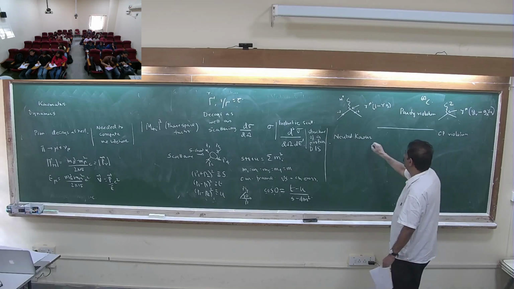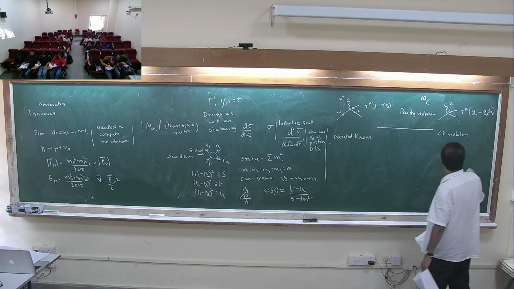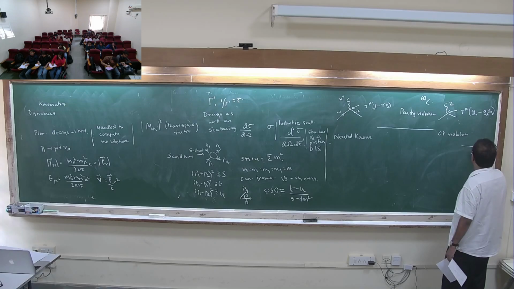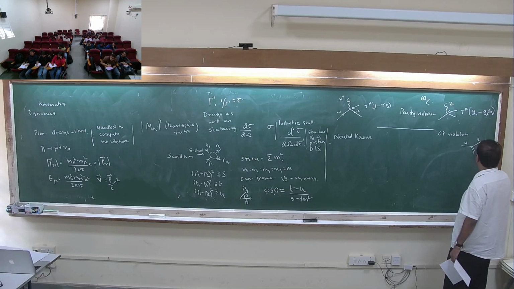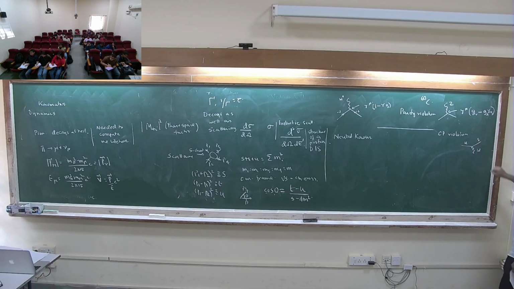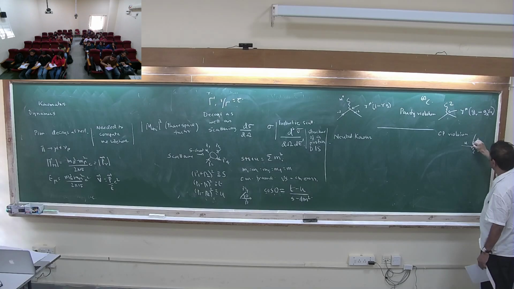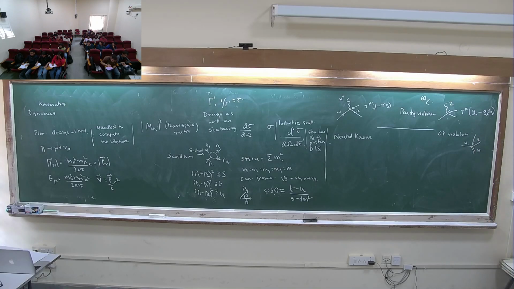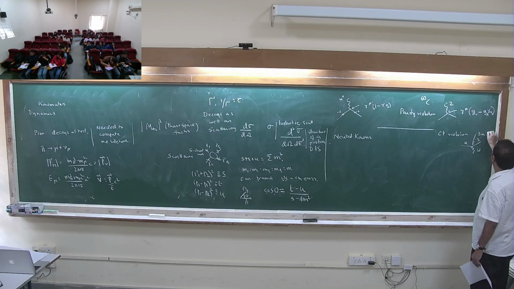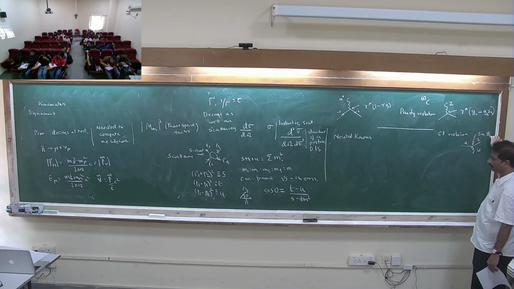That's because if you have standard model vertices, what is a standard model vertex? A U can turn into an S with the emission of the W. Now, what is the factor that you have over here between U and S? It's the sine of the Cabibbo angle.